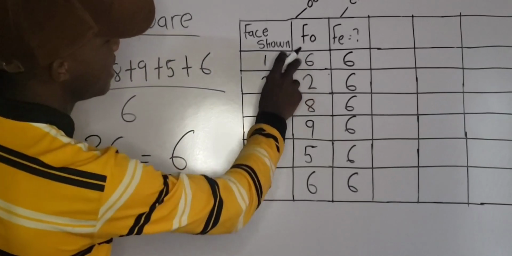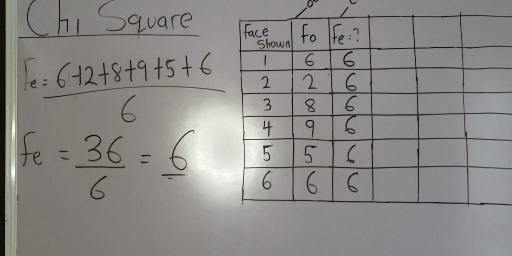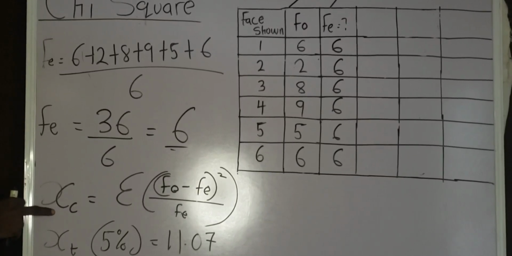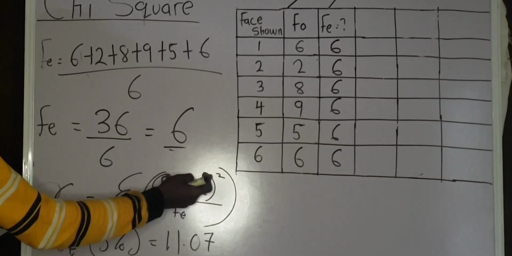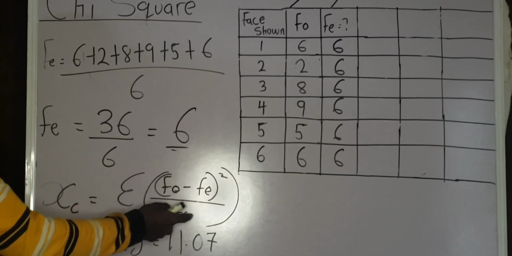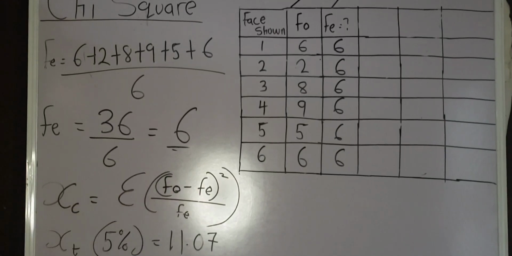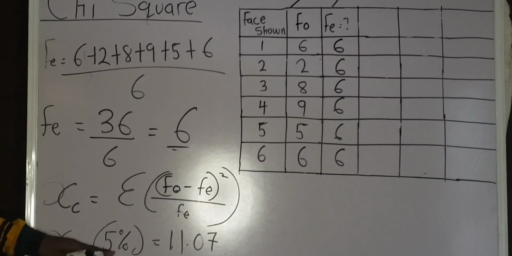Having gotten the observed and the expected value, don't forget that the calculated chi-square is given by this formula: summation of the square of the difference of the observed and the expected value, divided by the expected value. In the question, we have been given that the critical value, that is the tabulated chi-square at 5%, is 11.07.